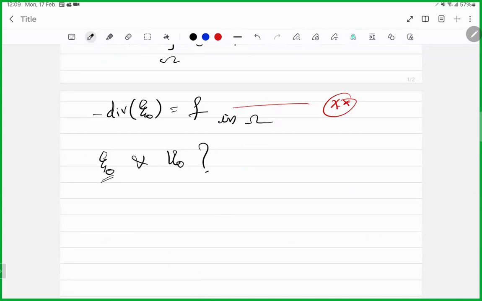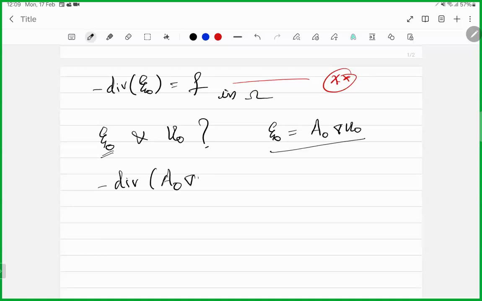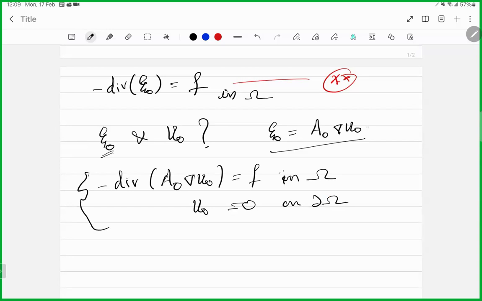So can we say there is some matrix A naught such that I can write xi naught as A naught grad u naught, so that this equation becomes A naught grad u naught equals F with u naught 0 on the boundary. So is it possible to do this?